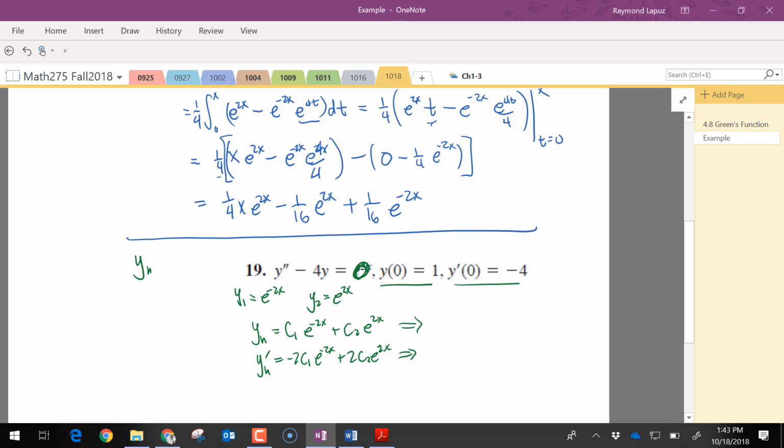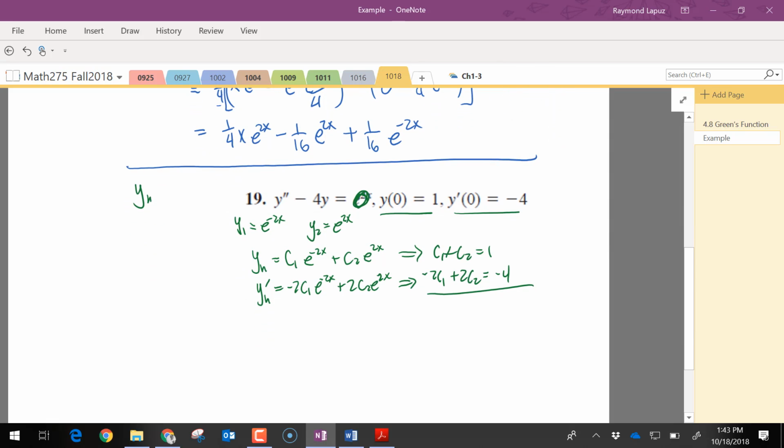So using the initial conditions, we put 0 in. E to the 0 is just 1. C1 plus C2 is equal to 1, and negative 2C1 plus 2C2 is equal to negative 4. So how do we solve for that? I think if we just multiply the top by 2, so 2C1 plus 2C2 is equal to 2.